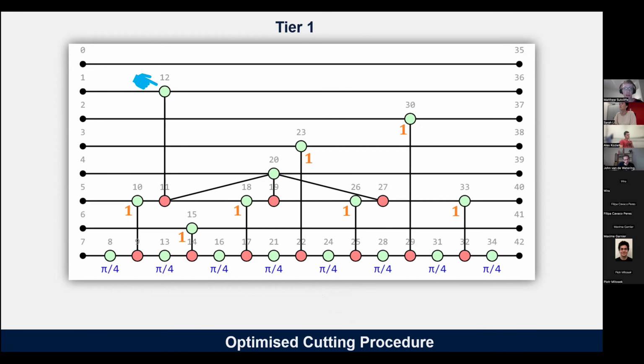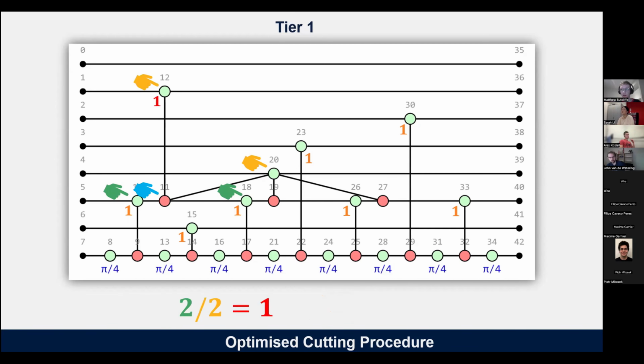So now we're looking at vertices that are blocking weighted vertices from the previous tier from fusing. So this one, for instance, is blocking these two, highlighted in green, from fusing to each other. They have a collective weight of 2, so we'll sum their weight to 2. But there are actually 2 vertices that we need to cut in order for these to fuse. So we'll divide by 2.